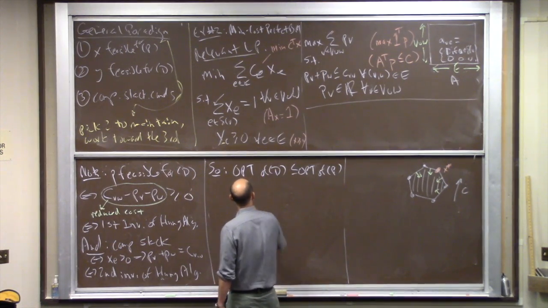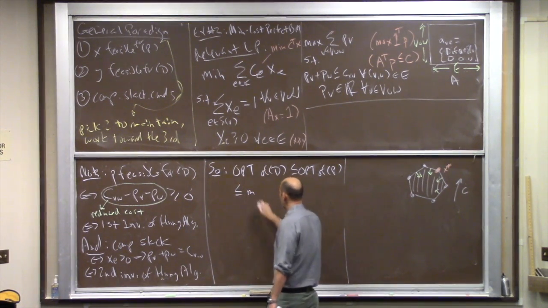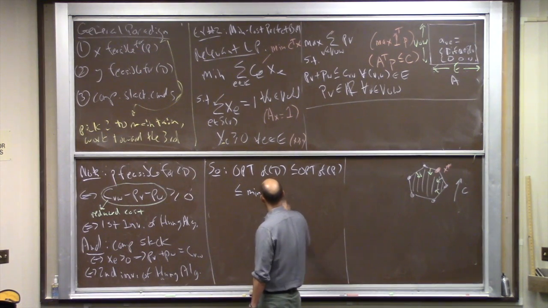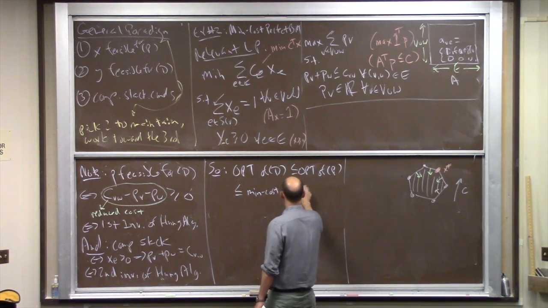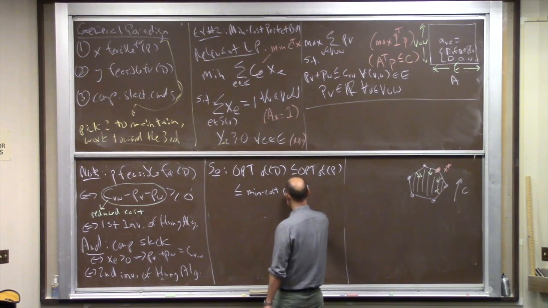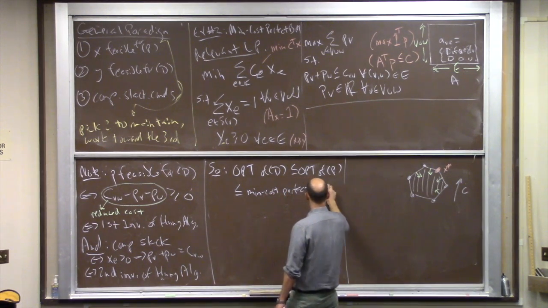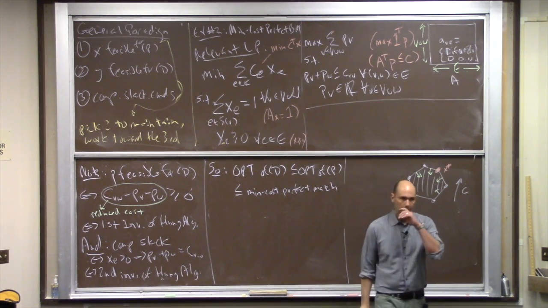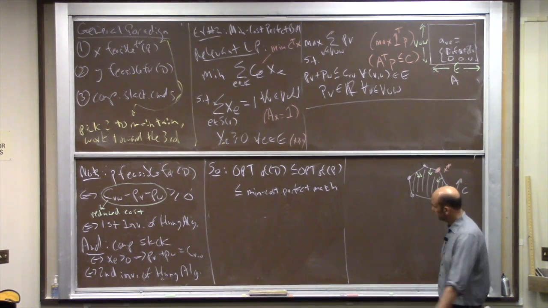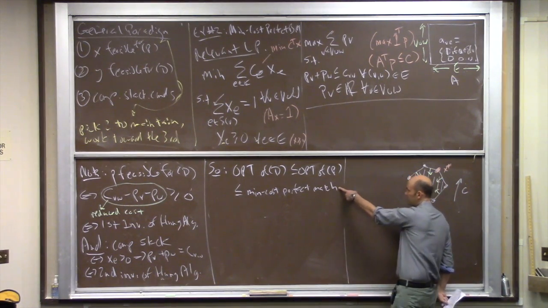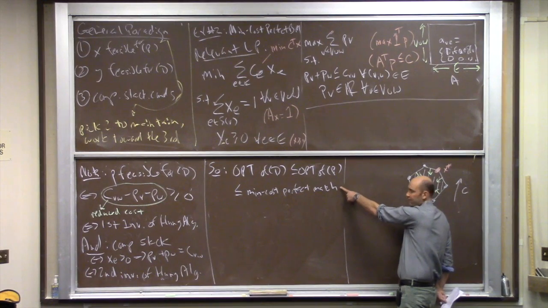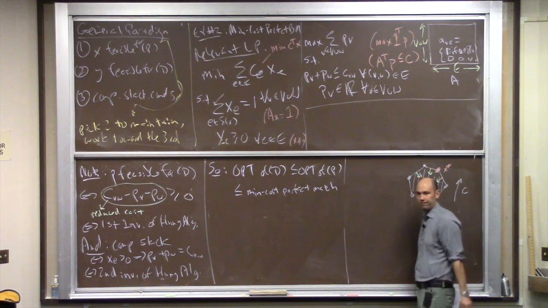And then on the other hand, the optimal solution to the primal linear program can only be less than the cost of a min cost perfect matching. Why? Well, what is this? That says look at every single perfect matching that exists, and pick the cheapest one.